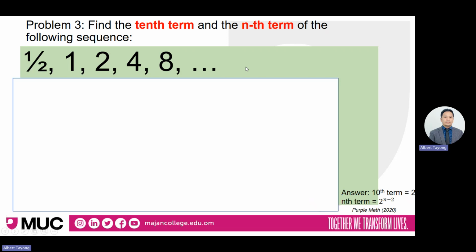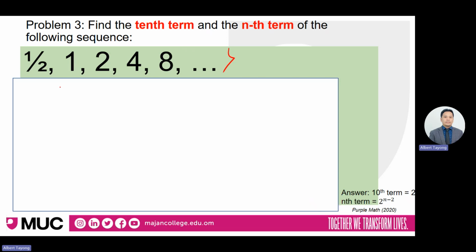It's infinite. Okay, so now here we have a fraction as the first term, and the sequence is not given actually, only the 10th term and the nth term as the question. So we have to know what kind of sequence this is.